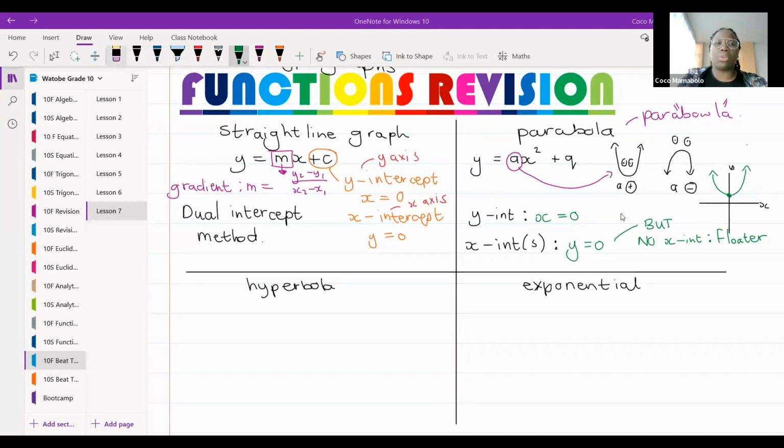We also know that Q, who remembers what is Q? What does Q stand for? Anybody remember? Not the asymptote. Remember, a parabola doesn't have an asymptote.